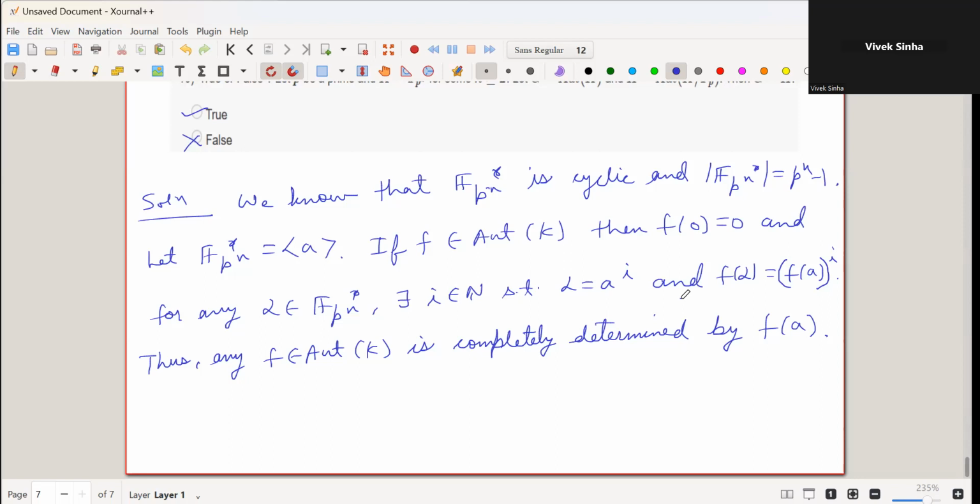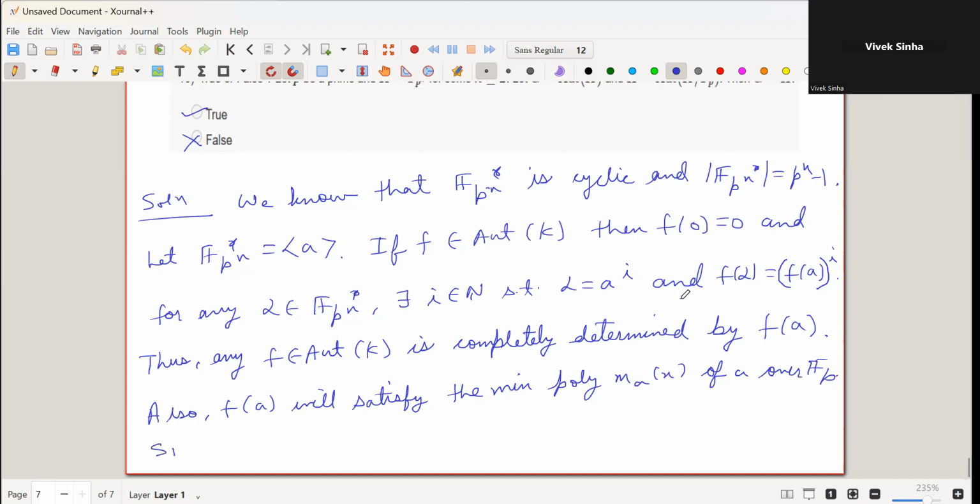Also, f(a) will satisfy the minimal polynomial of a over F_p, right? That's because a is satisfying that minimal polynomial.